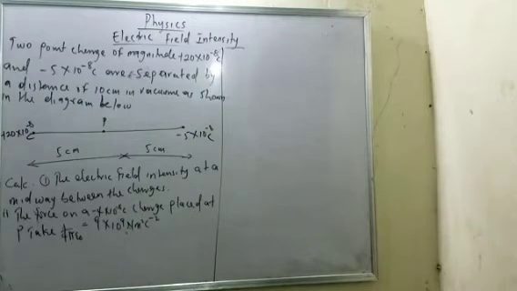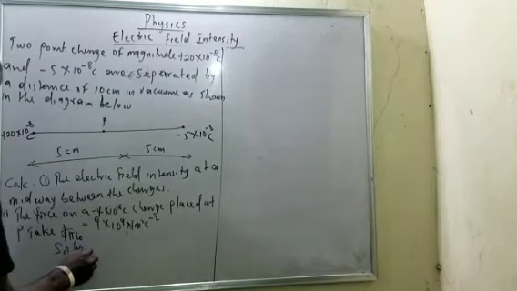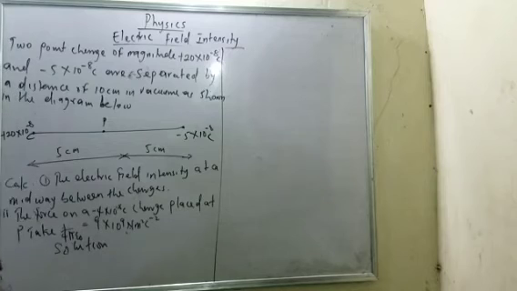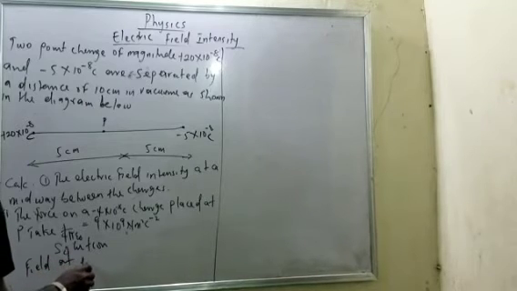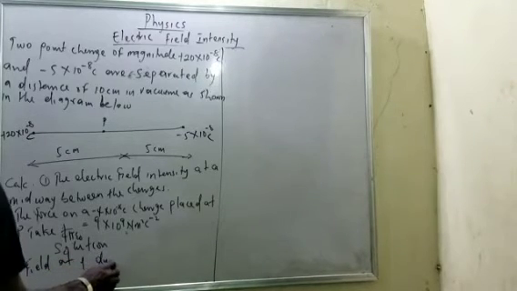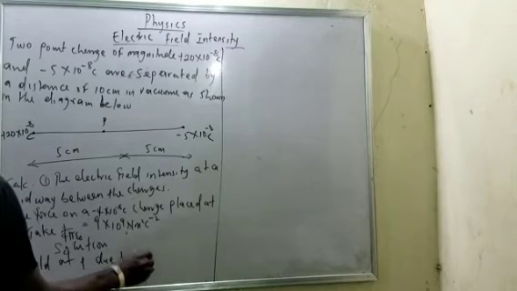Now, this is what I have for you. Now, let's see how this question will go. Solution. The first thing we need to think about, firstly, number 1, field at P due to Q1.